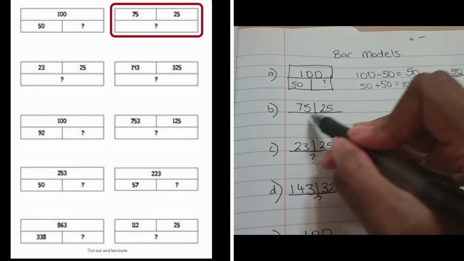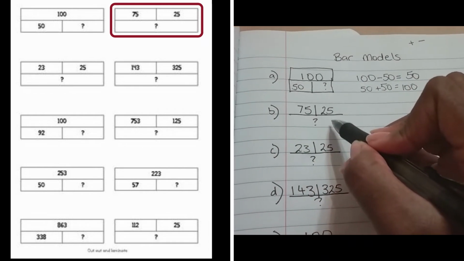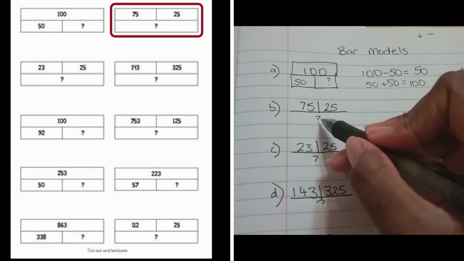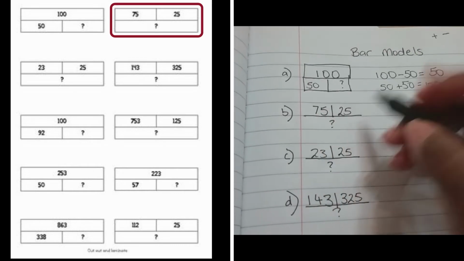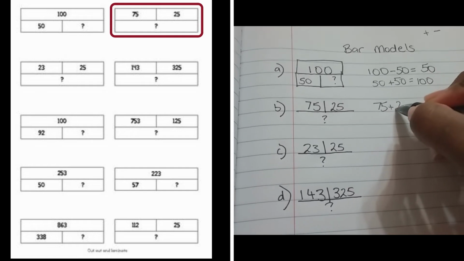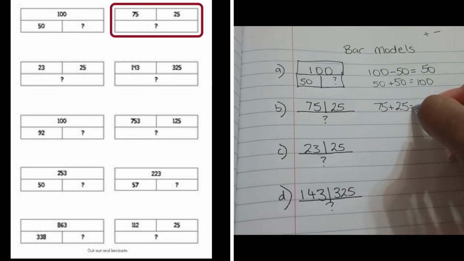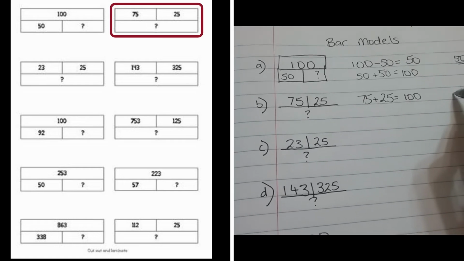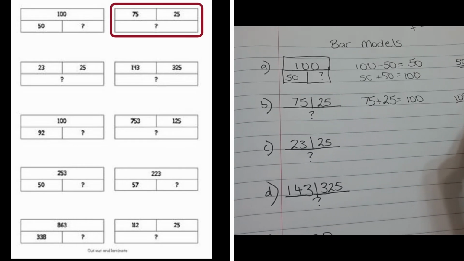What about this one? Now that we know that the big bar is the mama number and these are the two babies, how do I figure out my missing number here? Well, I can add together my two babies, 75 plus 25. And they'll have the same value as the bottom bar, the mama number, and that's 100. So my missing number is 100.